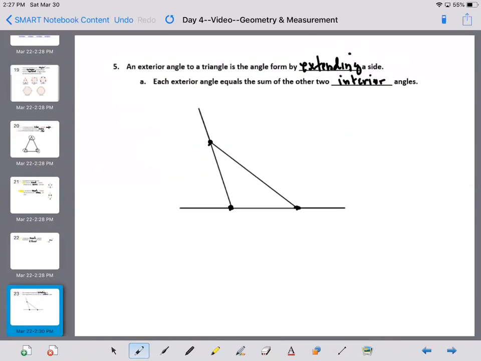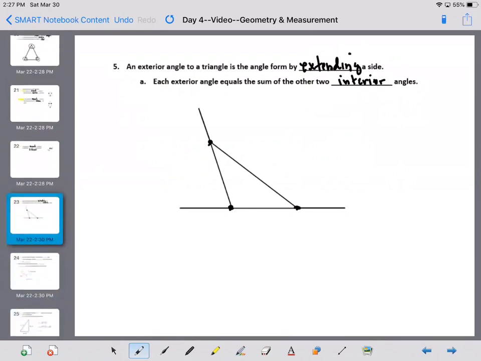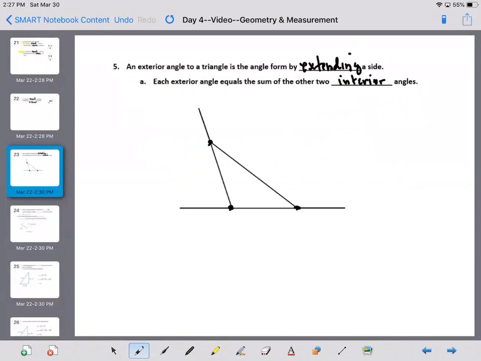So what we're saying here is, let's say this one's 120, this one's 40, and this one's 20. So 120, there's 160, there's 180.